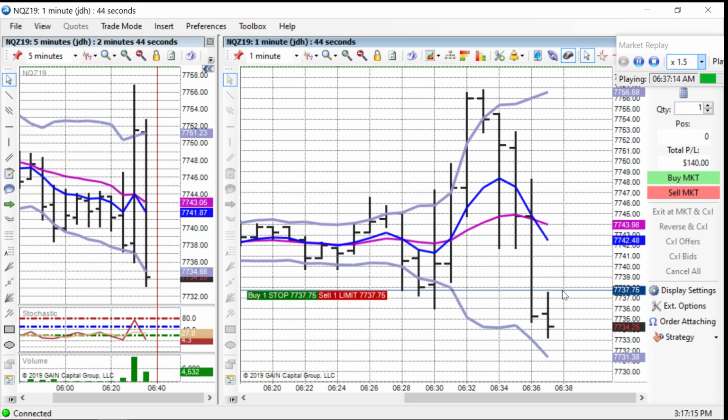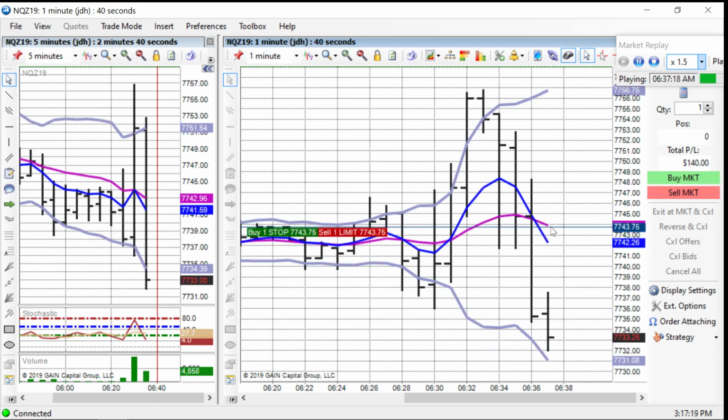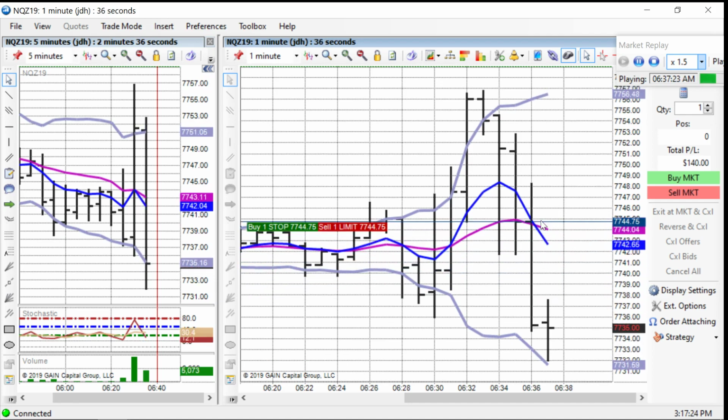So you just kind of have to wait it out. A trailing stop loss would have been good there. Usually trailing stop losses work well after the ADMA crossovers.